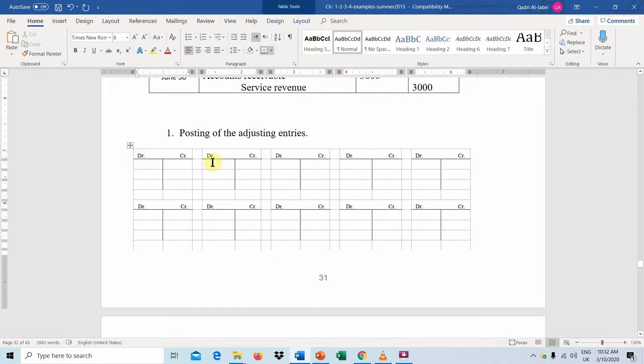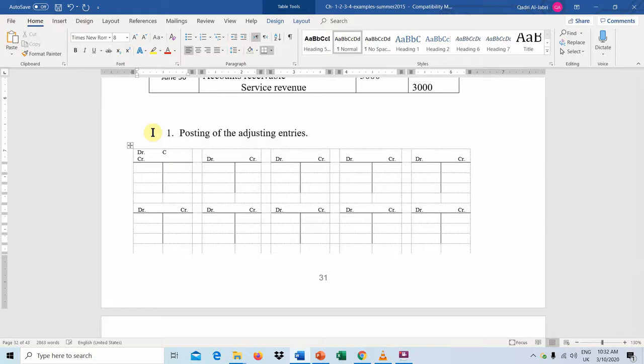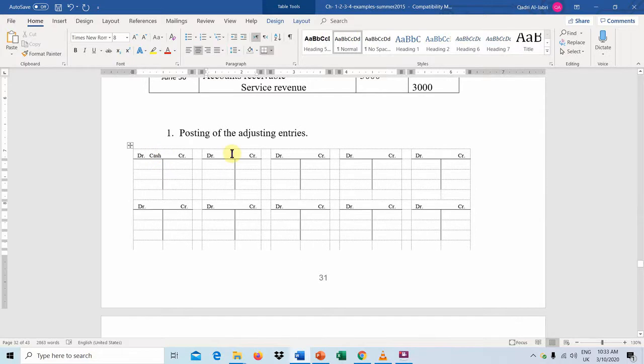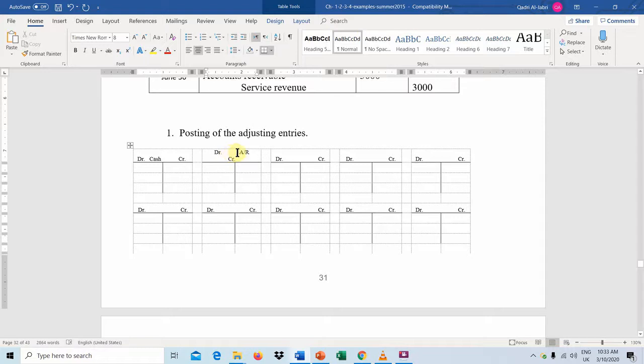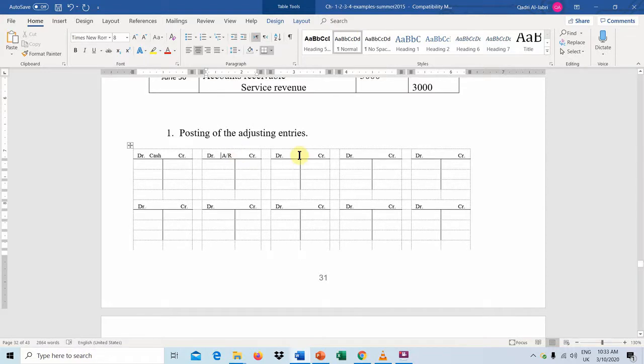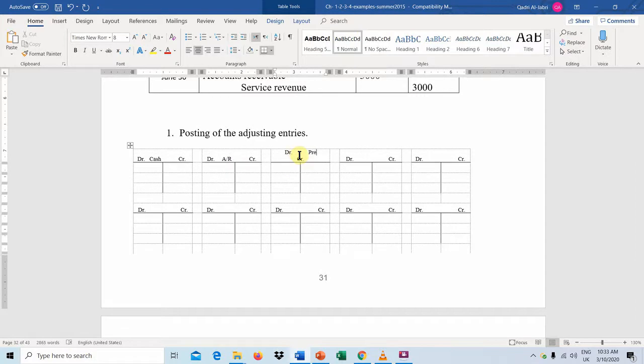I just gave you here the cash balance. I will write cash, and the second one I will write accounts receivable, and the third one I will write prepaid insurance, so just I will make it short.